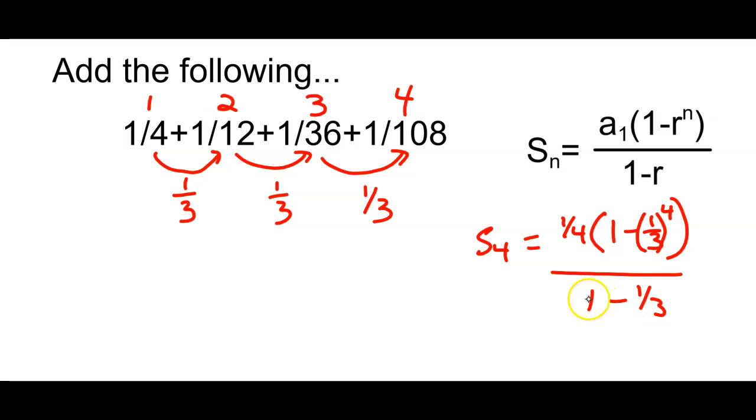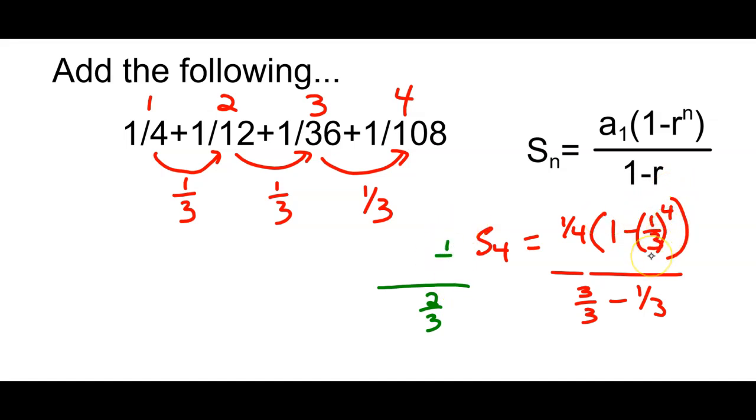So a little messy. Remember, 1 is the same thing as 3/3. So I'm going to change this out to 3/3. And that will make the bottom a little bit easier to look at, because 3/3 minus 1/3 is 2/3. And then 1/3 to the 4th power. Well, remember, we can make that 1 to the 4th, which is 1.